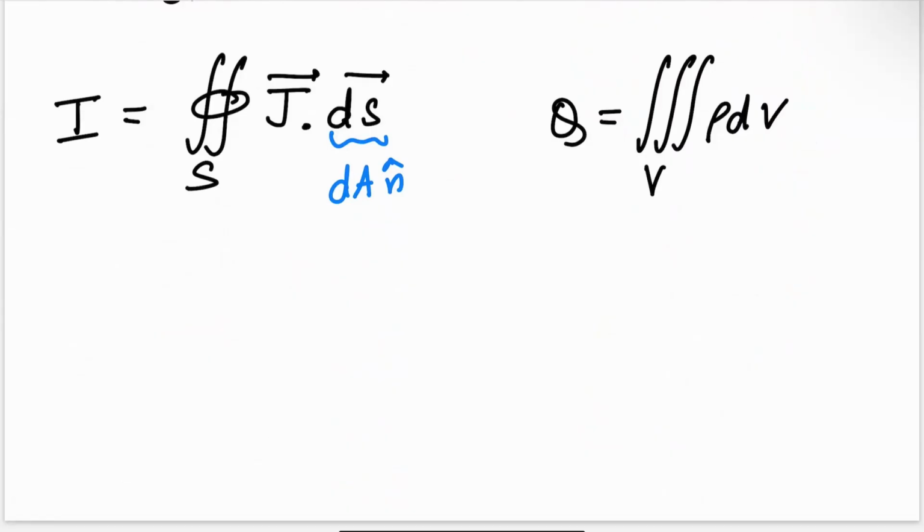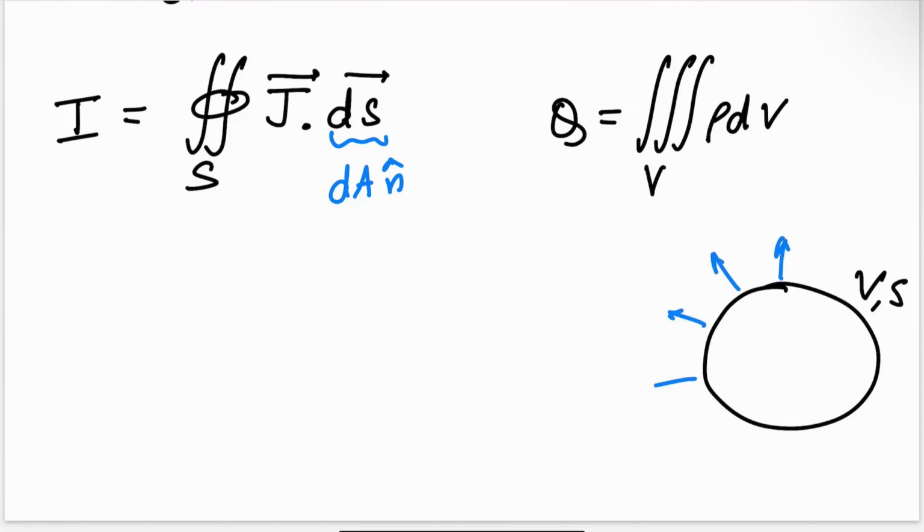Okay. Now, given this I and Q, we can also derive conservation of charge from here. Let's say I have some volume V with surface S, and I have some current flowing out of it, like that.